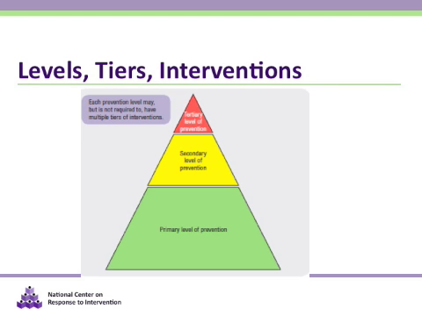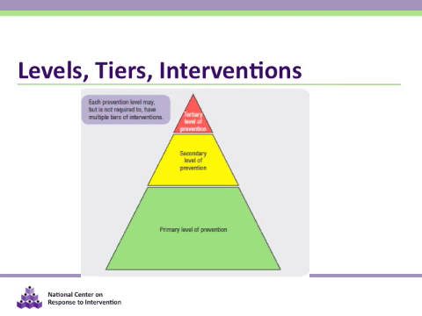Within each of these levels of prevention, there can be more than one tier. Schools and districts vary widely in the number of tiers included in their RTI framework. Regardless of the number of tiers of intervention a school or district implements, each should be classified under one of these three levels of prevention. This will allow for common understanding across schools, districts, and states.